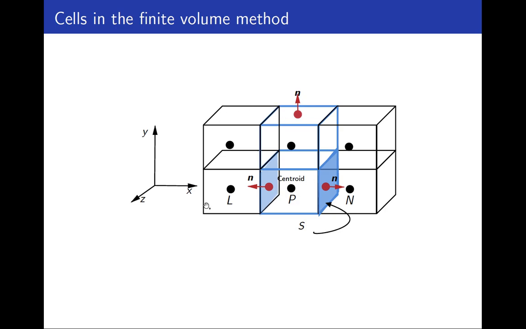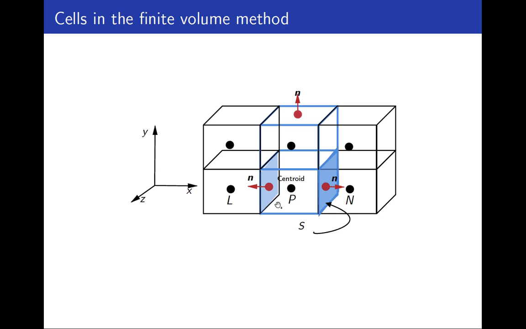So let's say this is our whole domain, and then we will split it in 6 different cells or control volumes, and then we need to estimate the values of the properties, either the velocity, the temperature, or the concentration, at the centroids of each of the cells of our domain. So each of these cells will have 6 surfaces, 6 faces. So for instance, let's focus on this cell that has a centroid P.